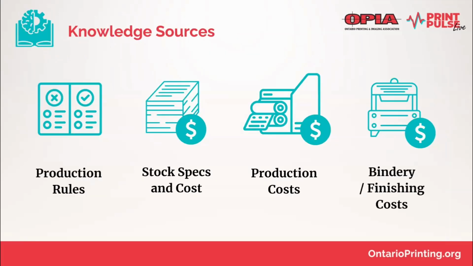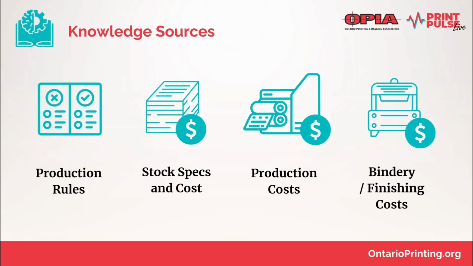So I started by reviewing the workflow of my existing estimating system. I was using Avanti for this, but any estimating system or process would do here, and breaking it down into the steps that an estimator would typically take to complete a request for quote or request for cost type action.